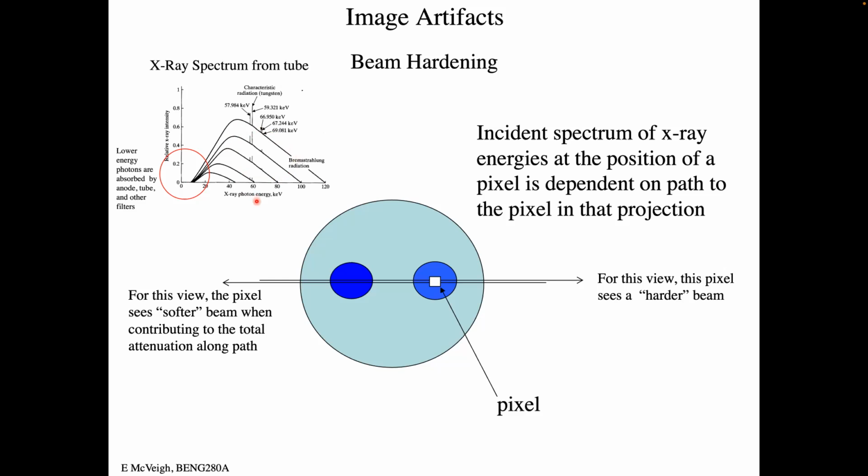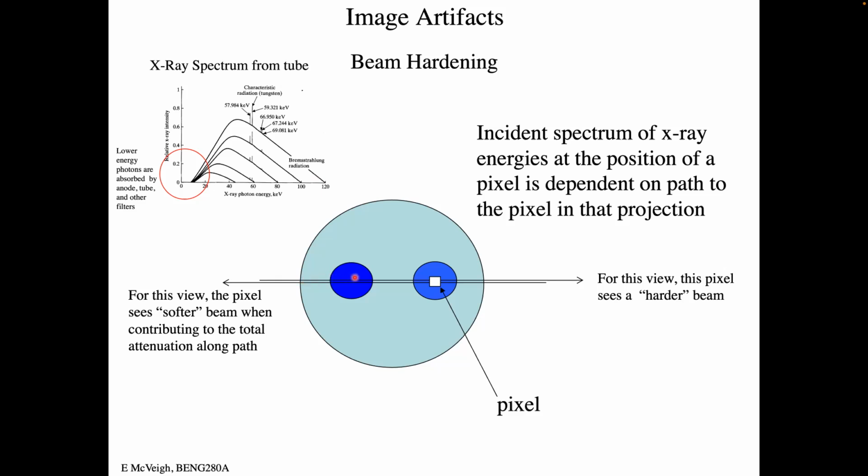The interesting thing is that as that beam passes through the object or the patient, I have a preferential absorption of the lower energy photons over the high energy photons, right? So the shape of this curve, you might know what it is when you enter the object, because that's what came out of your tube.